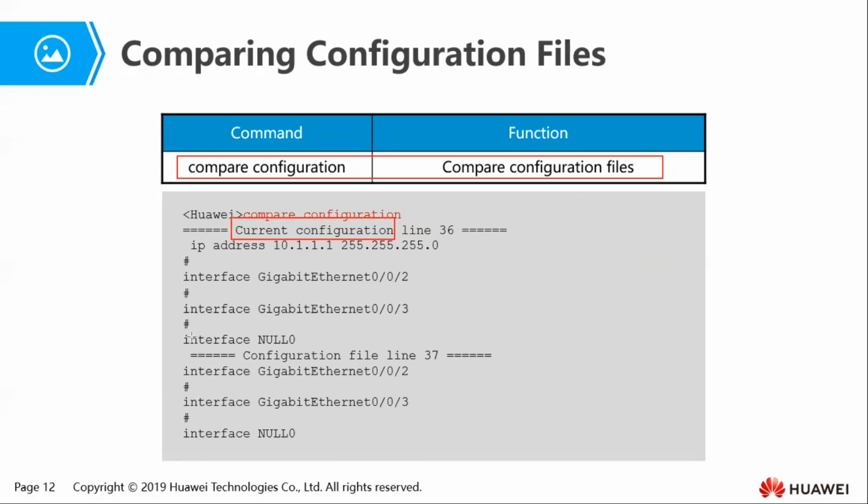So it will display any differences between the configured parameters. That is what compare configuration is used to do. The system will perform a line-by-line comparison of the saved configuration with the current configuration, starting from the very first line.